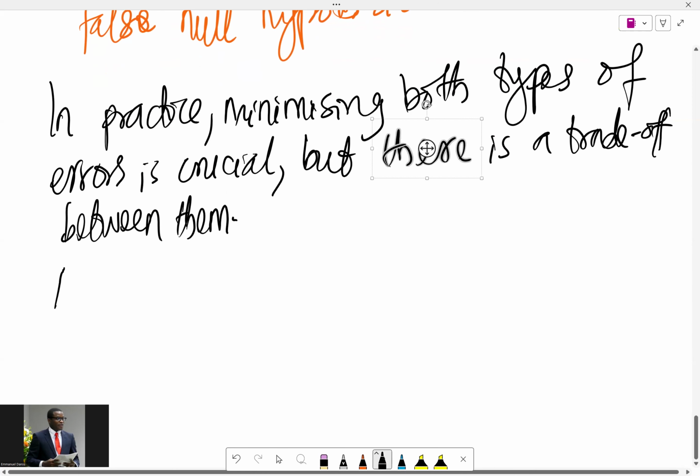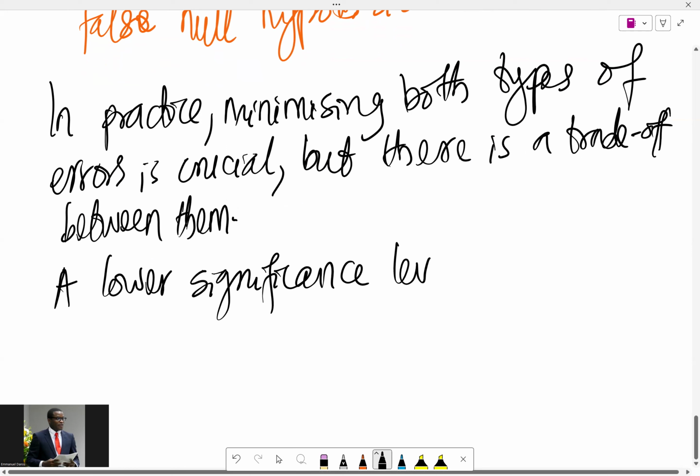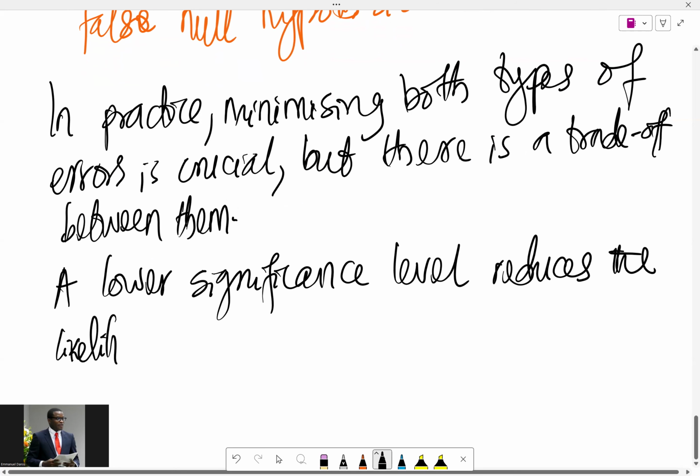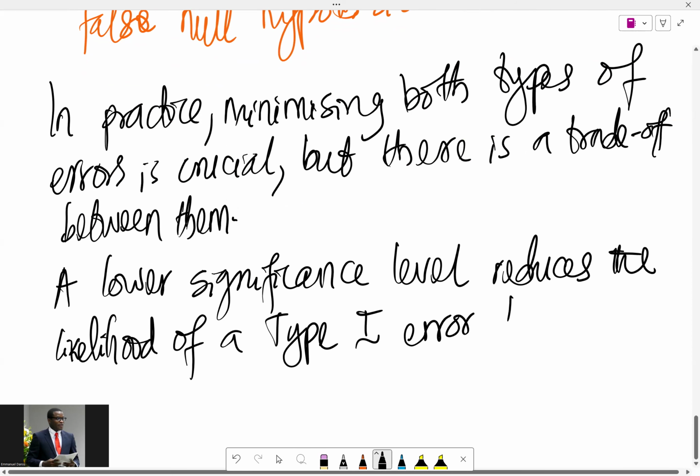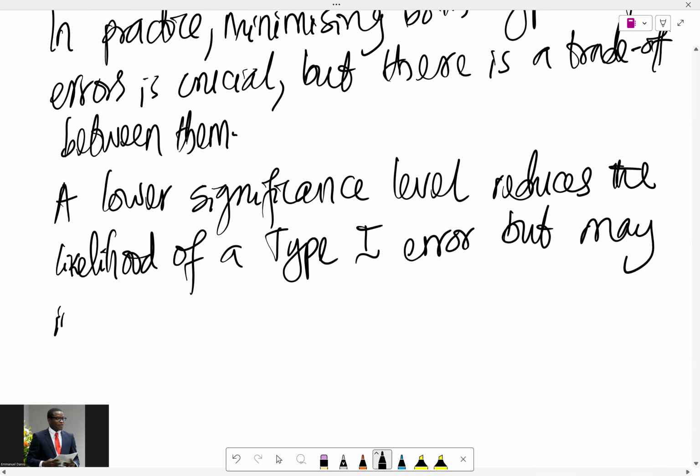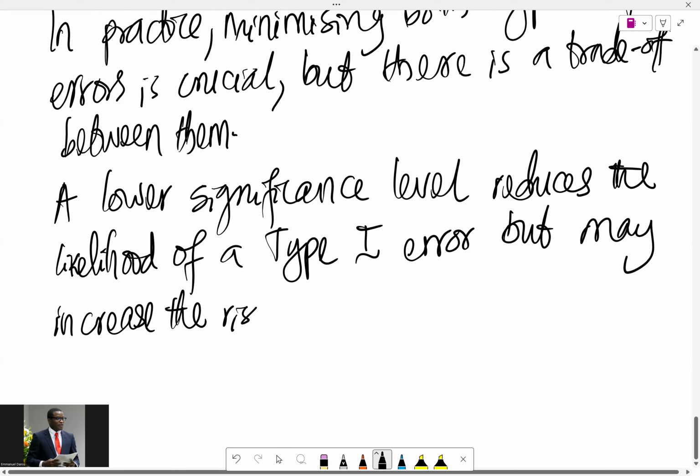Just like I said before, a lower significance level reduces the likelihood of a type 1 error, but may increase the risk of a type 2 error.